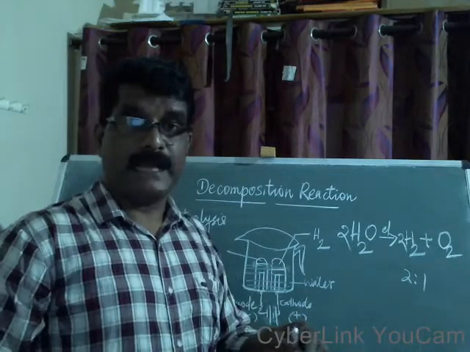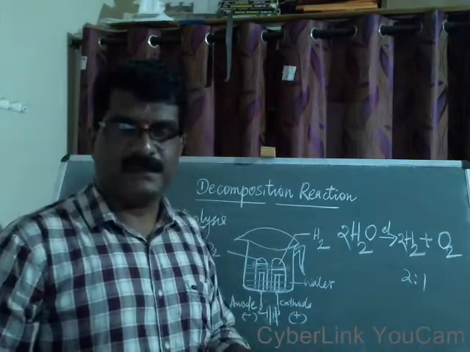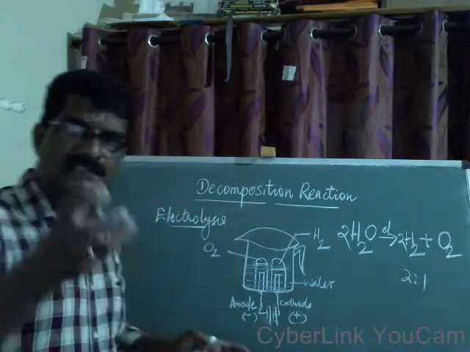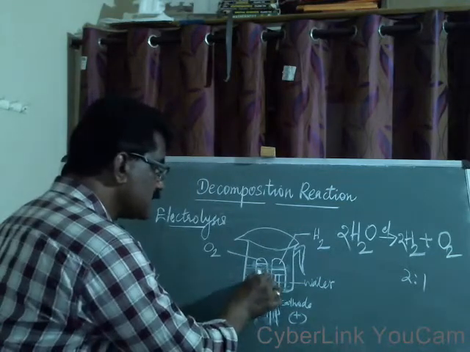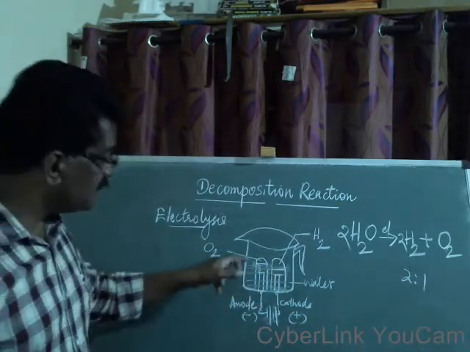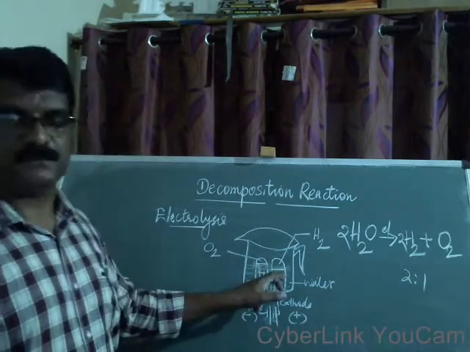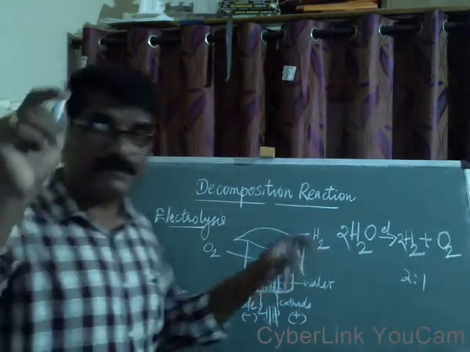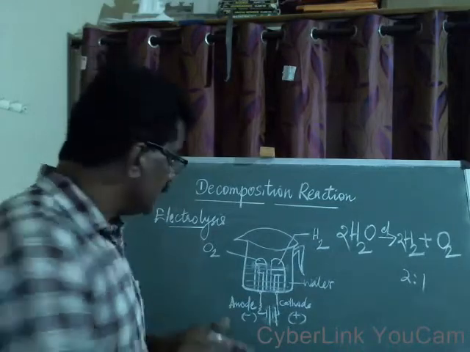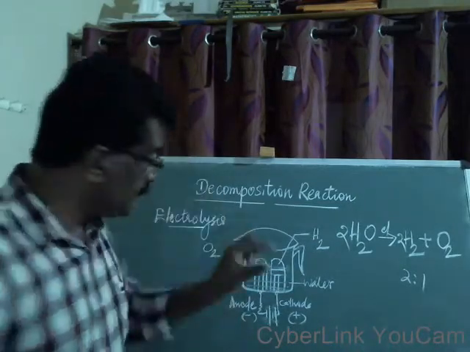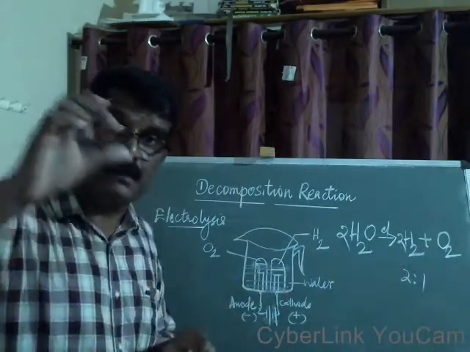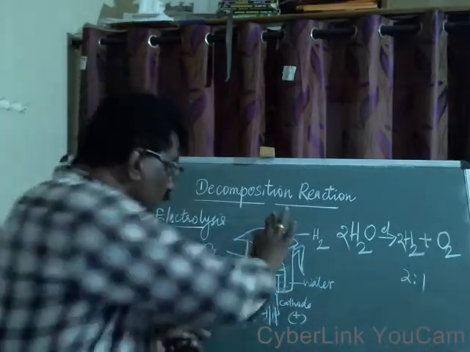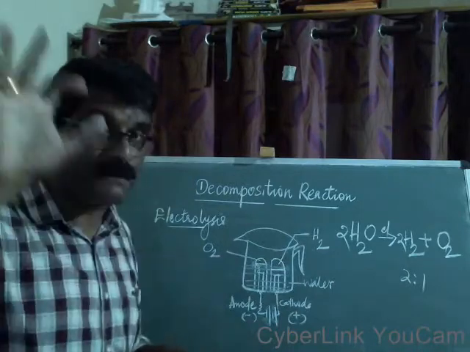Okay. And now pass the electricity. When you pass the electricity, after some time you can see that gas bubbles are coming out, and they are filling both test tubes. After some time, you can see that there is more vacant space in one of the test tubes, because more gas is filled in it.